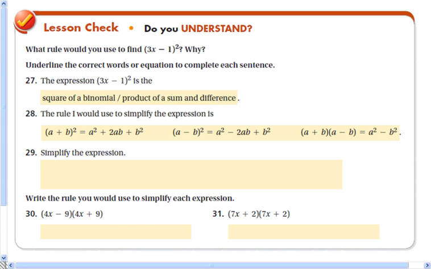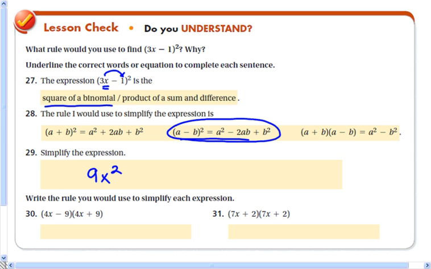All right, lesson check. What rule would you use to find the binomial squared, 3x minus 1, and why? This is a square of a binomial, and the rule would be right here. And to simplify that, I would just do 3x multiplied by itself, which is 9x squared. Then I would do 3x times negative 1, which is negative 3x, and double that to get negative 6x.